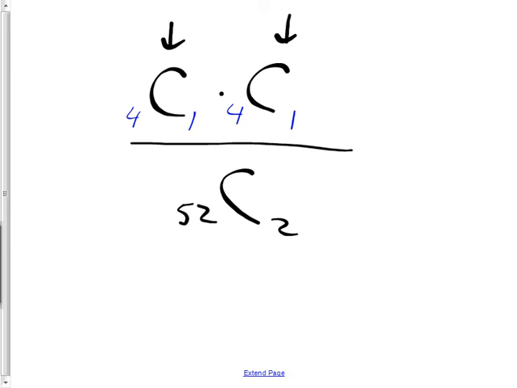What would I have done if I had just said, I want to get 1 ace, and that's all I care about? I don't care what the other card is. What's the probability of that? Am I doing it right by doing what I just put up on the board? No. I can't do just 1 card on the top because there's 2 cards being drawn.